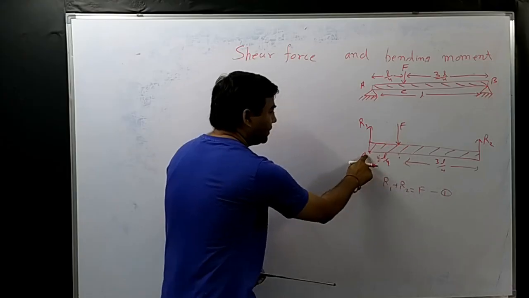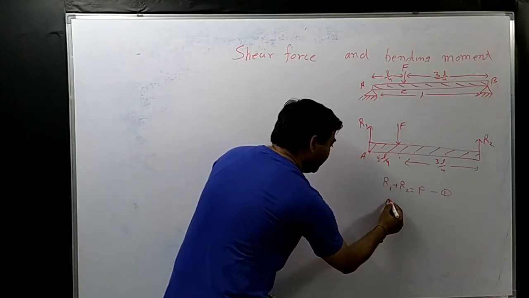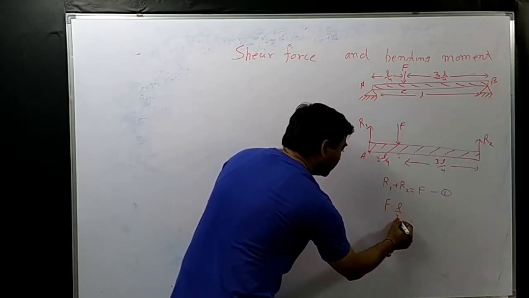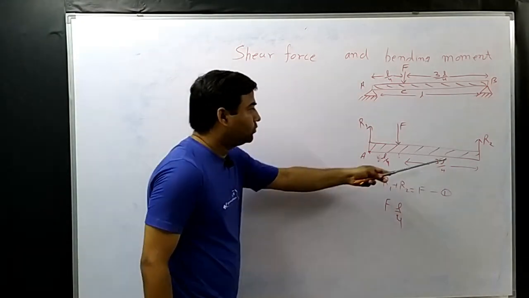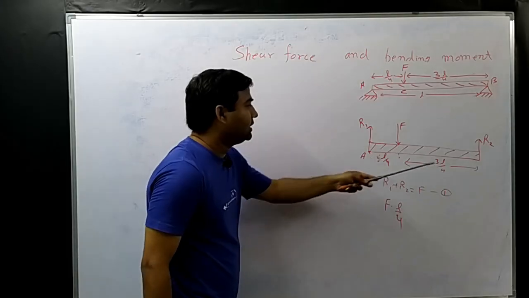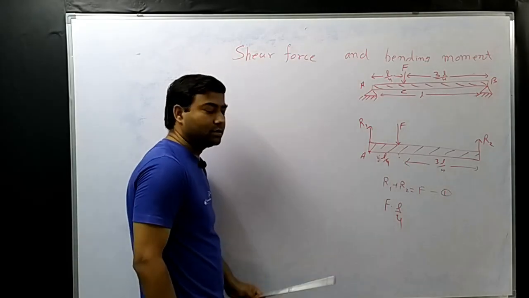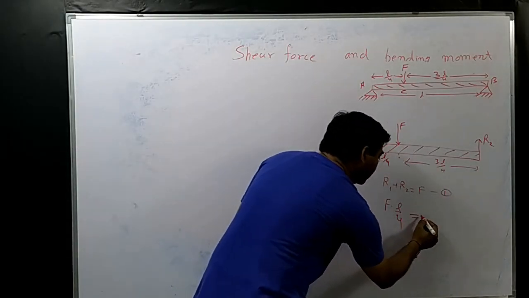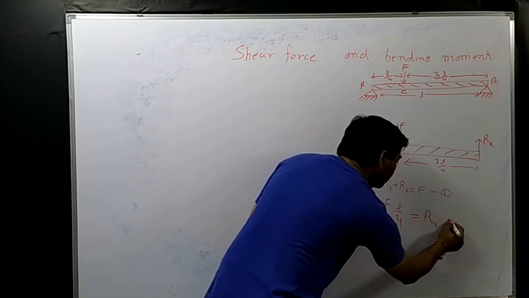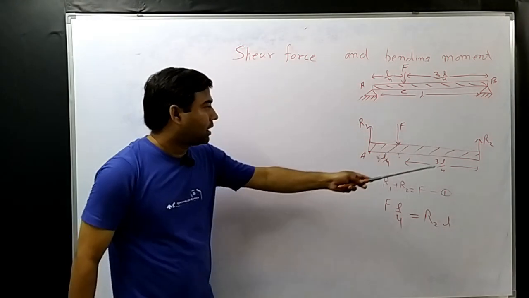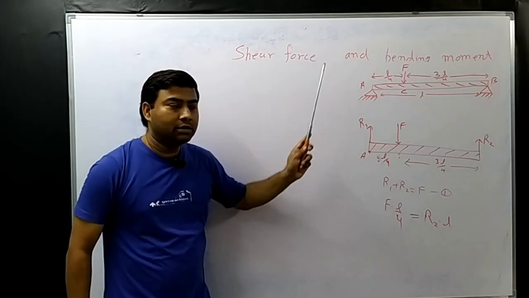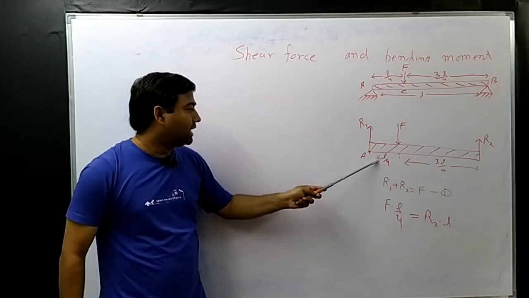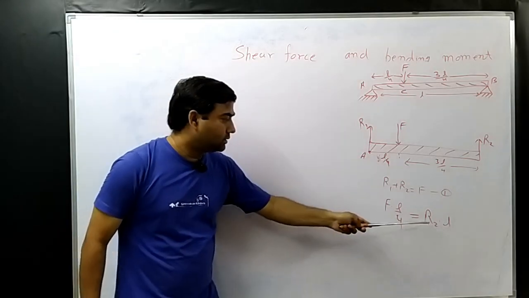So the moment of F about A is F into L by 4. It is in clockwise direction. And the moment of R2 about A is in anti-clockwise direction. So both moments sum to 0. That is, R2 into L in anti-clockwise direction and F into L by 4 in clockwise direction.